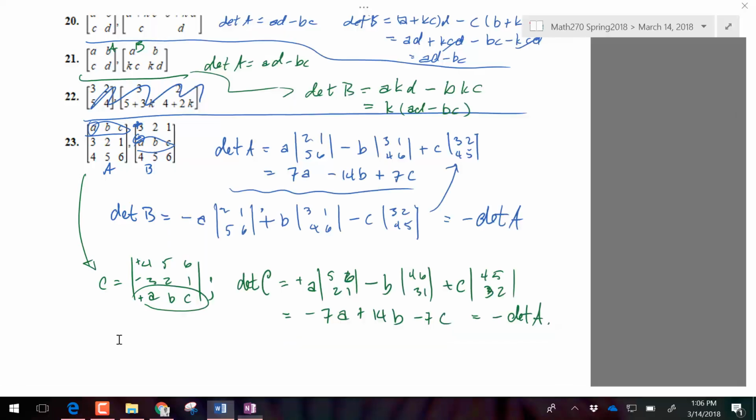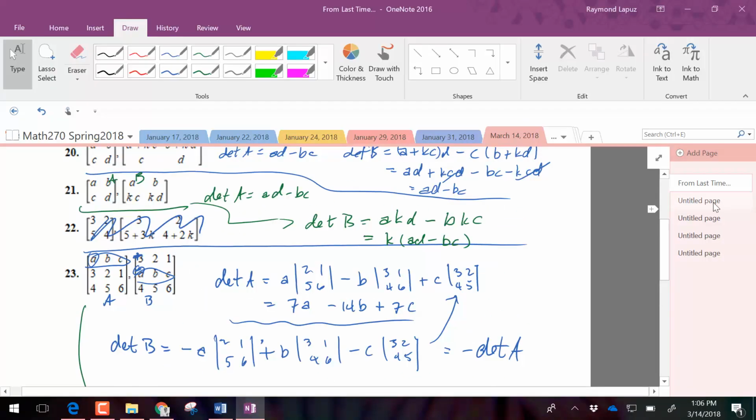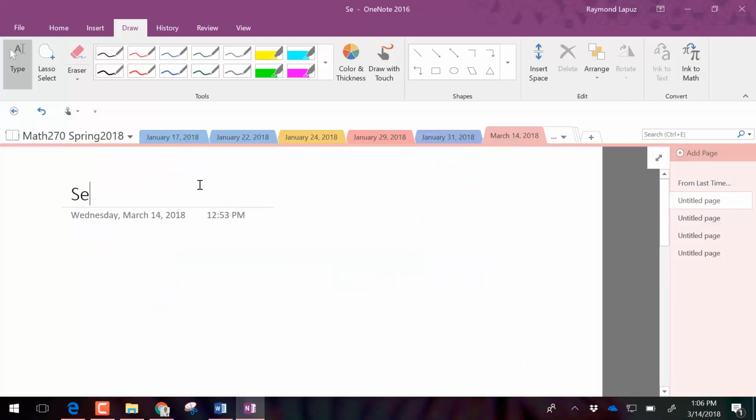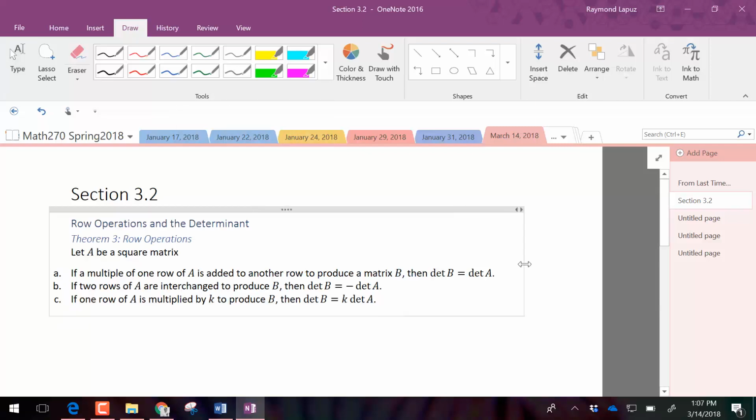And by these examples that we just did, I guess this is a theorem.